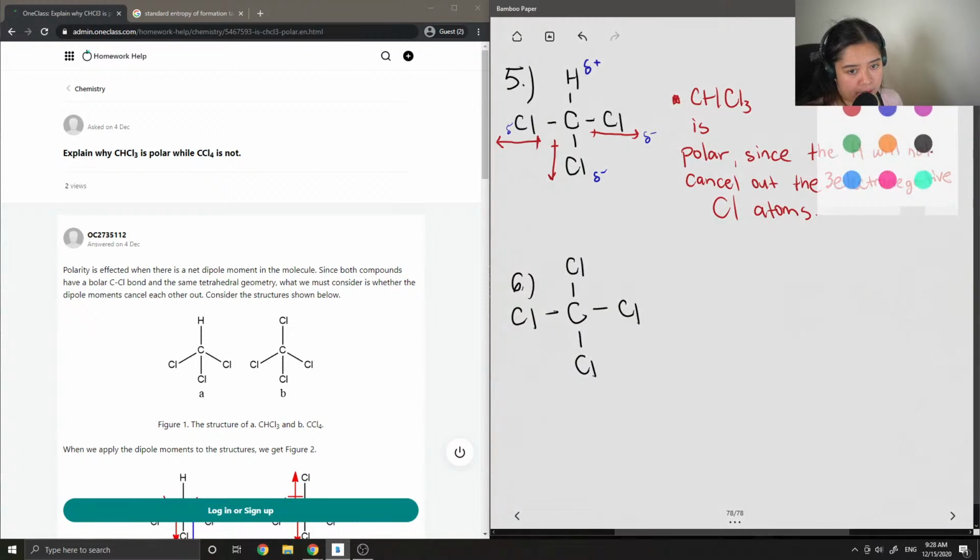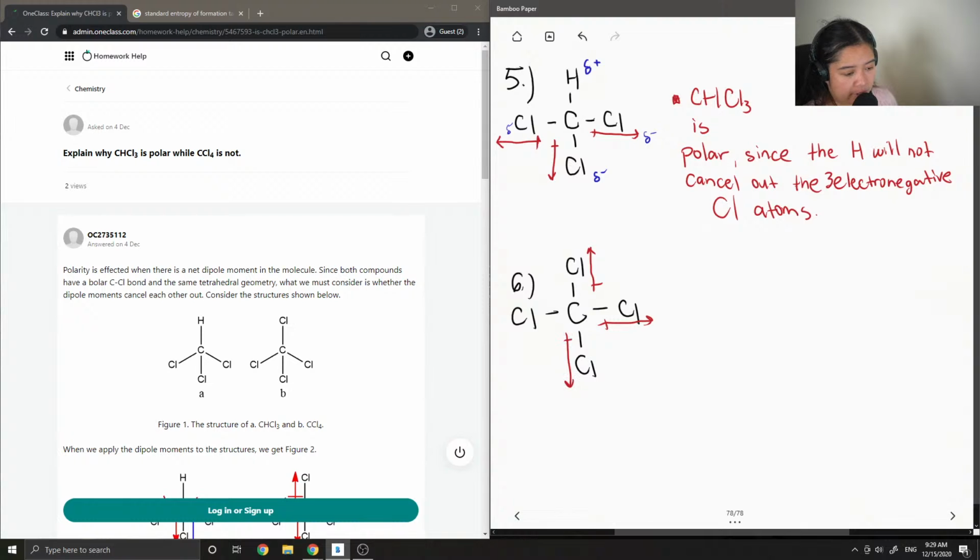Okay, again, chlorine is more electronegative than the carbon. So we'll see all of the dipole moments that are created by these electronegative chlorines. But this time, the molecule is symmetrical, and all of the chlorines will cancel each other out.